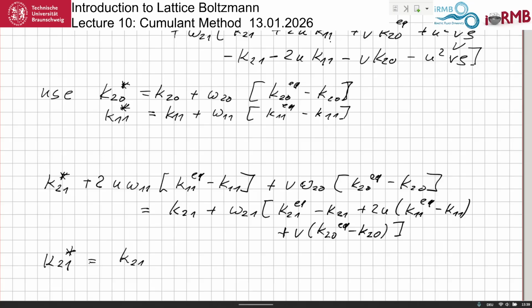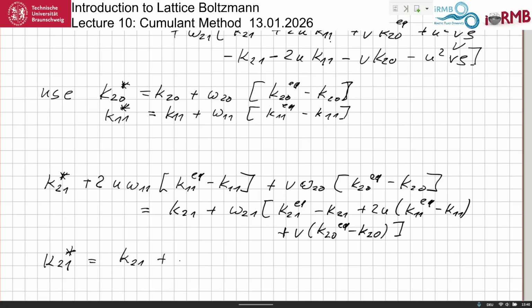K21 after collision is K21 before collision. So now I'm already grouping it the way I want it, because what I observe is I have this thing here, and I actually want this to be related to these two guys here.